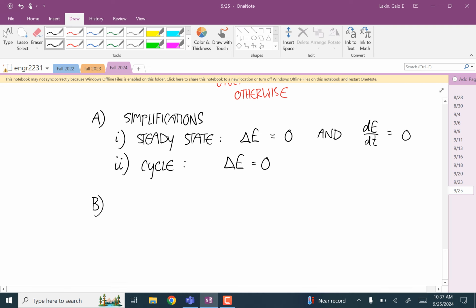Now, the other thing we've talked about is the differential form of the first law. So dE/dt is equal to Q dot minus W dot.